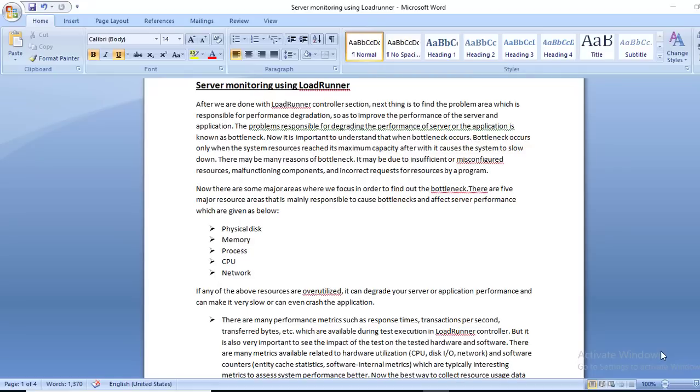Network issue: there might be congestion in the network, so many requests in the network, which could lead to blockage of traffic, leading to a bottleneck. Now, if any of the resources are overutilized, it can degrade your server or application performance and can make it very slow or even crash the application.